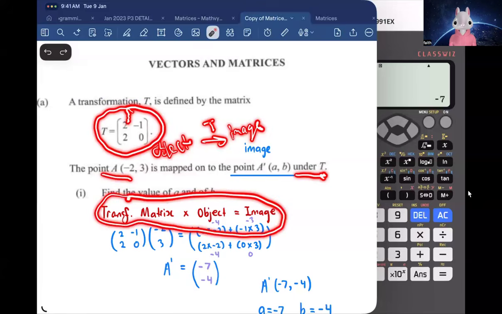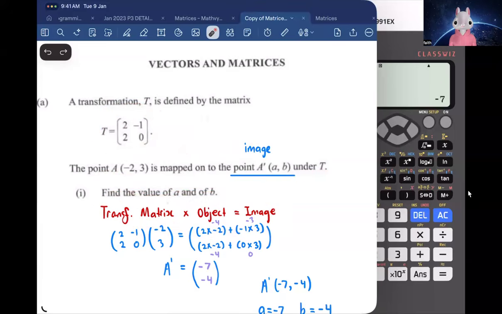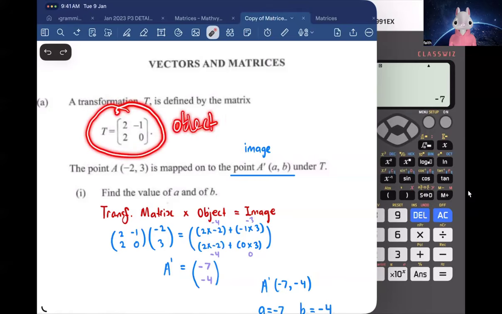Because if I want to get the image, I need to multiply the object by the transformation. Exactly. So again, when we started off, they gave us a transformation matrix, and this would take us from the object to the image.